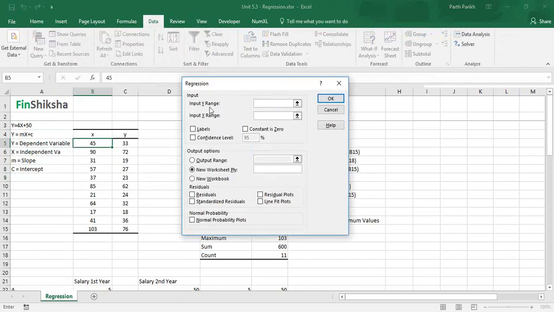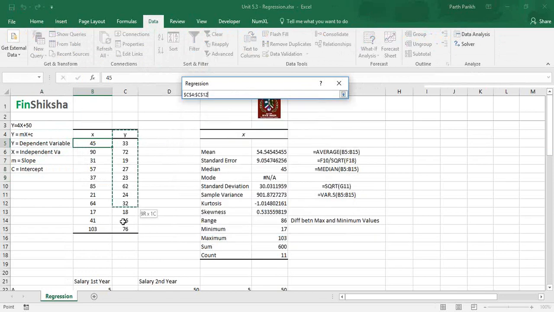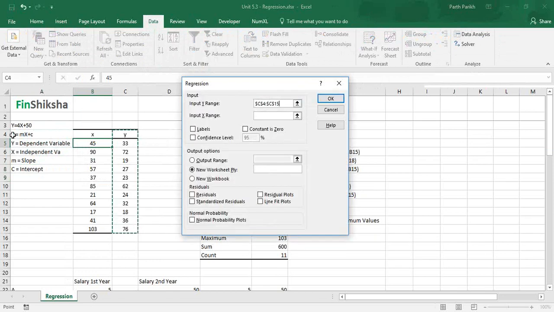It is asking for the input y range. So I'll select this y range because we need the equation in the form of y is equal to mx plus c. Then it will ask for the input x range. We have provided the x range. The labels are part of my data selection, so I will click on I have the labels.